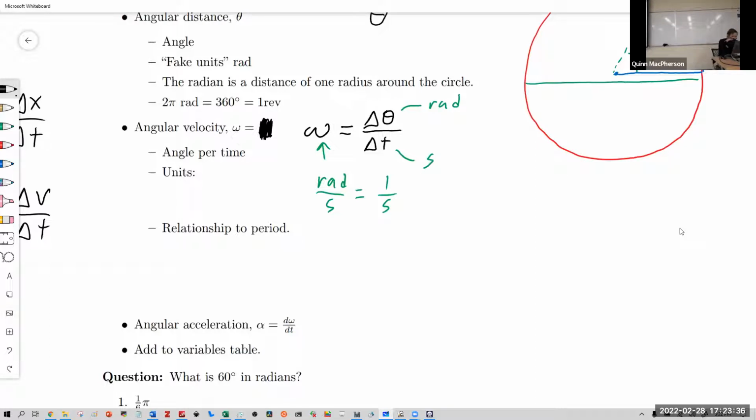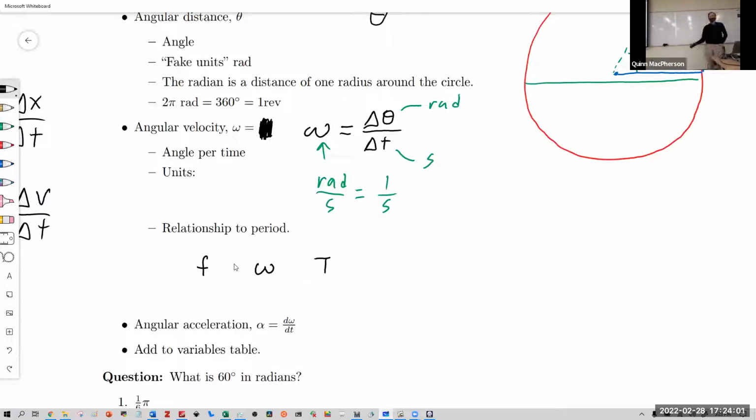So we have to distinguish three things. There's frequency, omega, and period. All of these three things are used to describe how fast something is turning or how often something happens. So period, that's how long it takes to go around one revolution.